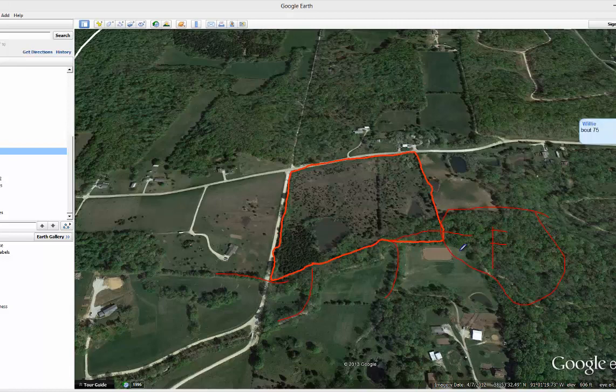Yeah, you're good. What you can do is create a few bedding areas in the center of your property. I'd have to really look at the layout of the property to tell you for sure. But you want to create some bedding areas. You can do that by hinge cutting some trees.